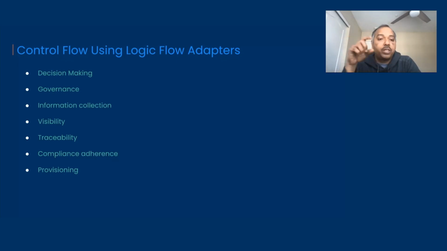If you just connect with your simple flow filters, you'll not be able to visualize that particular step, the approval step in your value stream. The logic flow adapters help you to visualize those approval conditions within the value stream itself, so that you know where the bottleneck is and you know what you need to do to improve that performance.